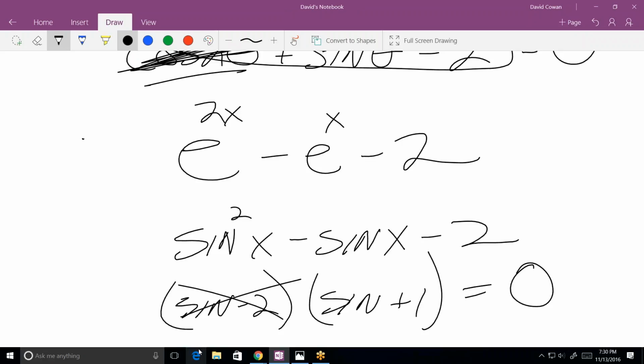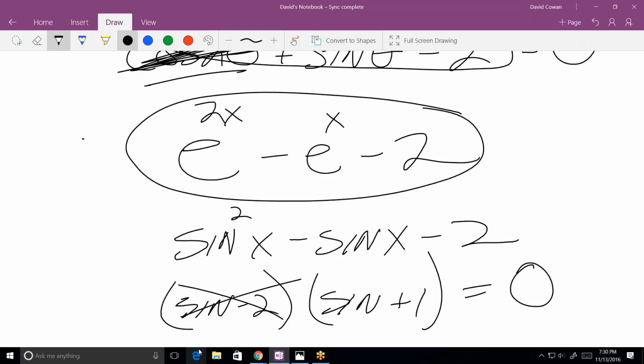That makes sense. But learn to recognize these odd functions that are actually what I used to call quadratics in disguise, because you wouldn't immediately recognize that as a quadratic perhaps, or that, but they are. And if you're uncomfortable with factoring it as a quadratic, then let u equal the middle term.